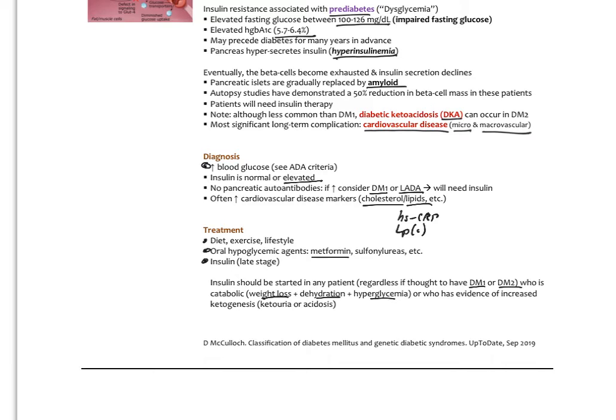Typically, if you have a patient in your office and they're non-fasting and you see a blood glucose of equal to or over 400 milligrams per deciliter, they should be immediately sent to the emergency room, and they'll need to get that patient's blood sugar down through various means. They will often need to be hospitalized and get started on an insulin regimen until they can get the blood sugars down. So just keep that number in mind. That's kind of our cutoff for when we should refer for urgent or emergency care.